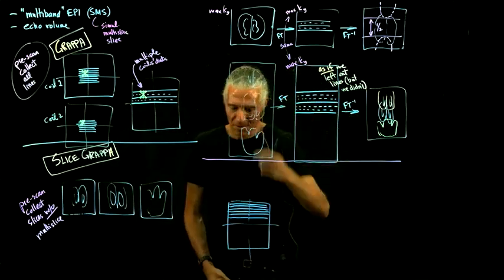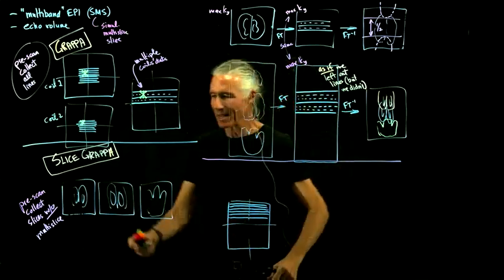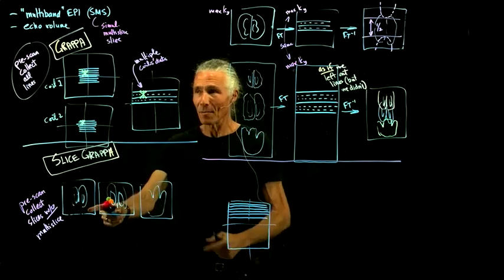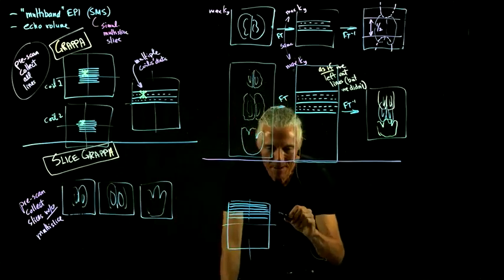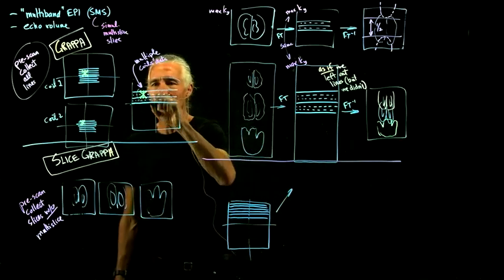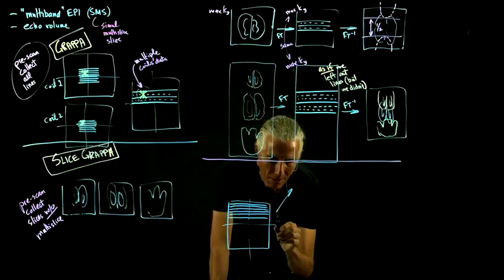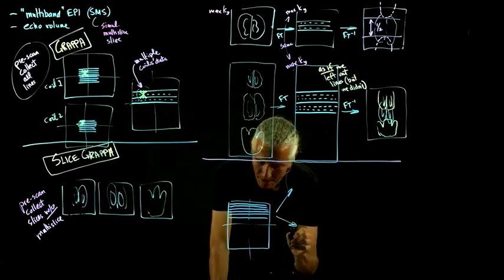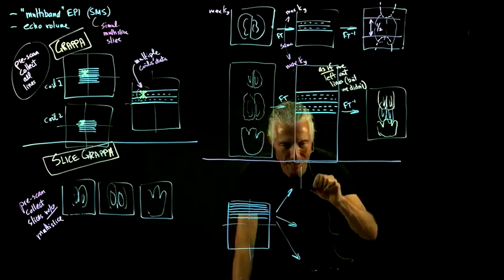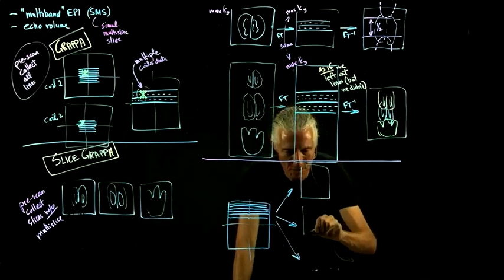And so what do we do? Well, we take this data where we didn't turn on the multi-slice, and we use that data to generate a little fixer that will allow us to essentially generate 3 k-spaces, one for each slice.